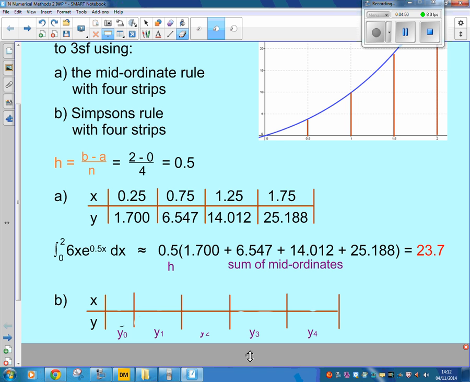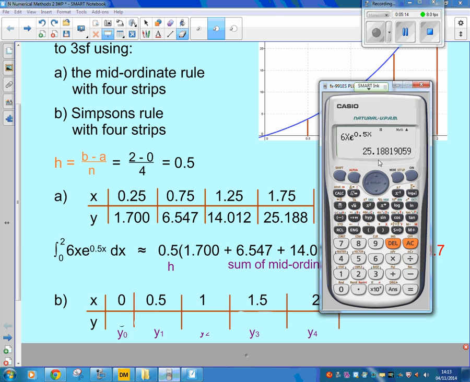Simpsons rule. Simpsons rule does, just like the trapezium rule, use the ends of the strips. So the x-coordinates are 0, 0.5, 1, 1.5 and 2. For the y-coordinates, I could have put my equation into a table because it's going up by the same amount, but because I've already got my formula, I might as well use the calc button again.